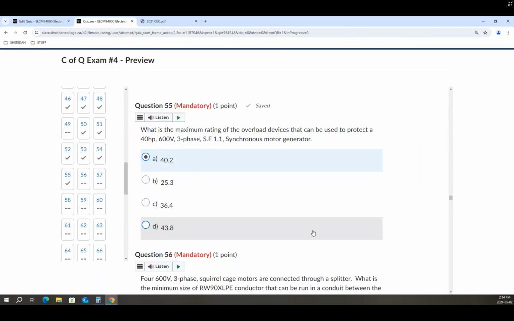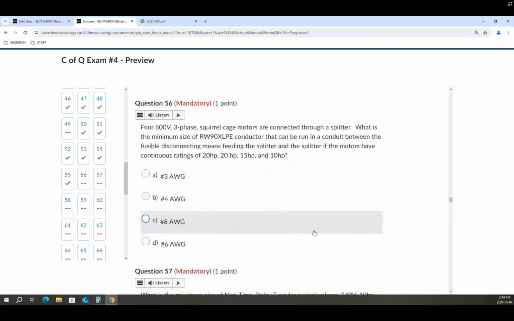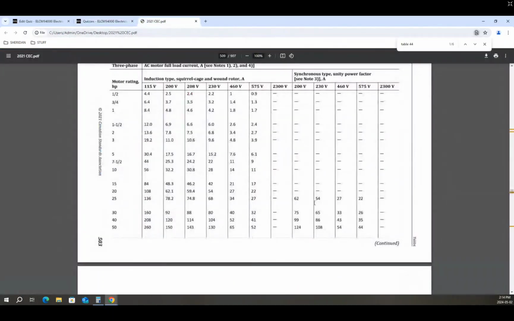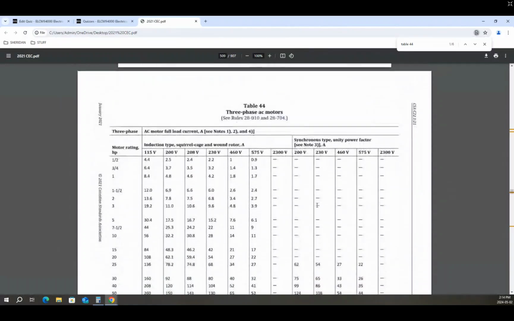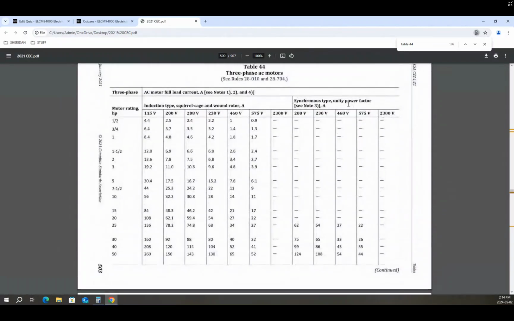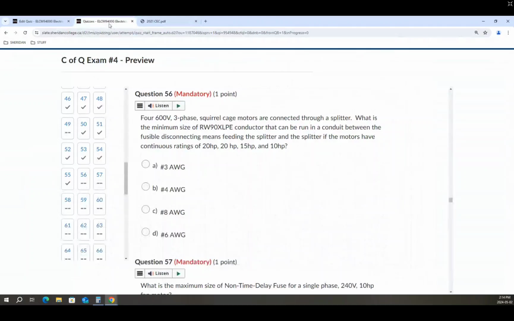So there we go. When you're looking, read the questions and look at all of the table. Right there, that whole section, there's all the synchronous. Totally gapped that out.